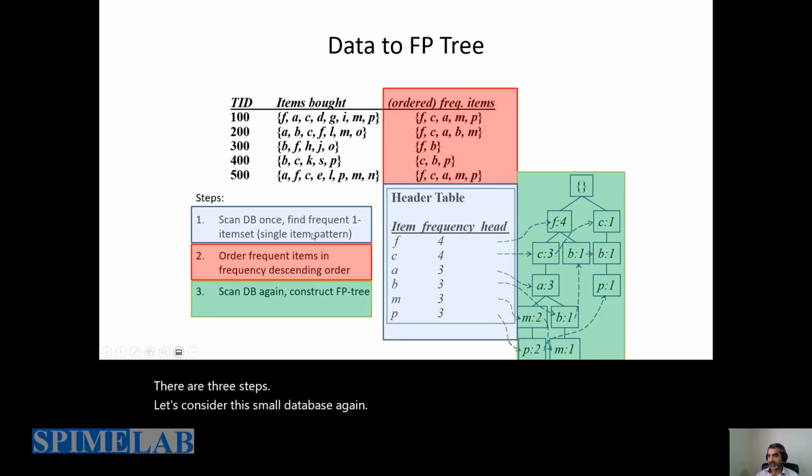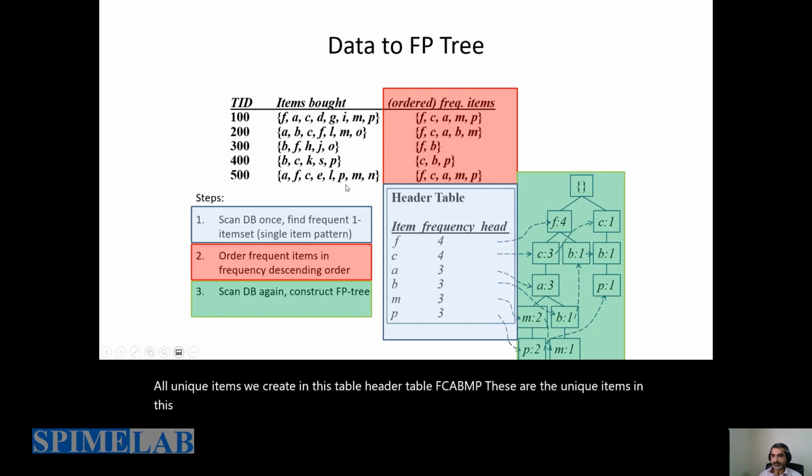In step number 1, we will scan the database only once and find frequent item sets of length 1. So in here, all unique items we create in this table, the header table: F, C, A, B, M, P. These are the unique items in this database.